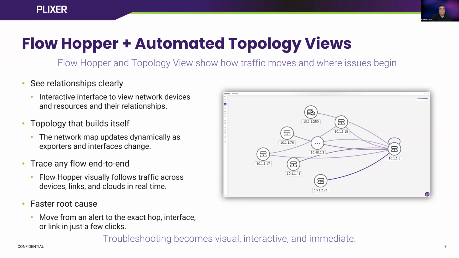And the topology view builds itself automatically, redrawing the map as needed and as items like interfaces and devices change. So you can see how everything relates. You can see traffic links, things like that, and how it all relates to each other. It's a great way to pinpoint hops or interfaces that are causing issues.